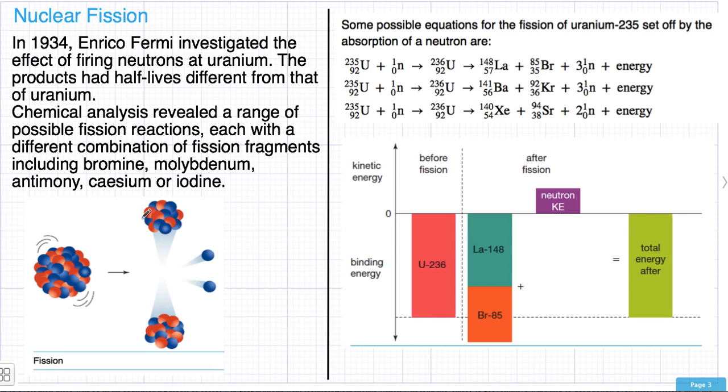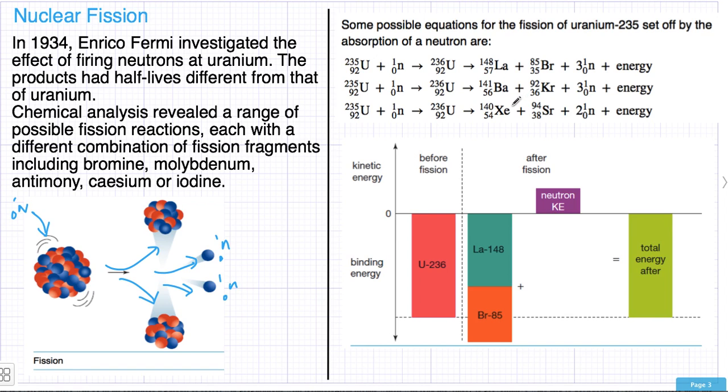And depending on how you do this experiment, you can end up with different fission fragments, and he had things like bromine and antimony and cesium and other things. So it's this idea of firing a neutron into a nucleus and splitting off into new elements, as well as often other particles such as other neutrons that can happen.